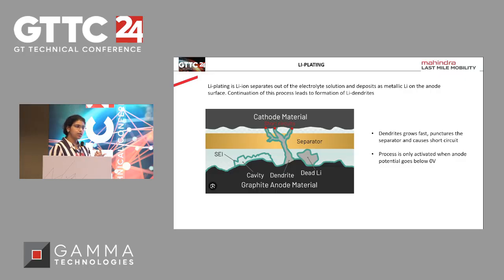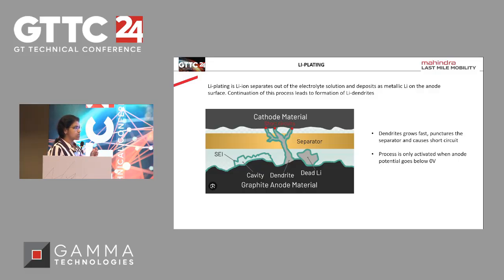When this kind of process starts, it actually catalyzes the process and forms dendrites, which can puncture the separator, reach the cathode, and cause a short circuit. So this is a very critical part of the cell, and once this kind of mechanism sets in, it is an indication that the cell is going to die very soon.